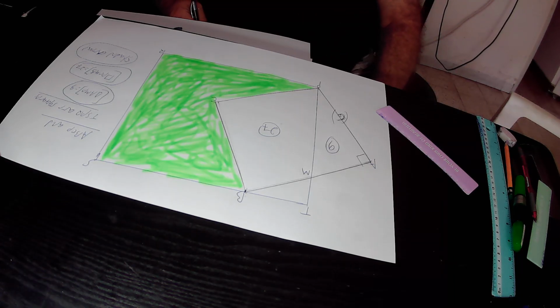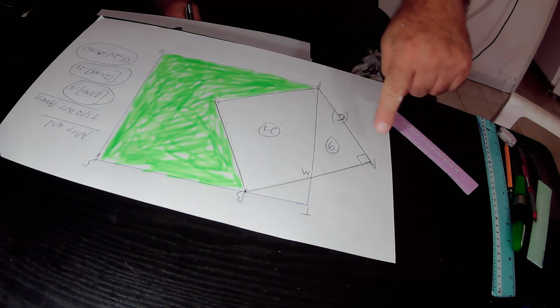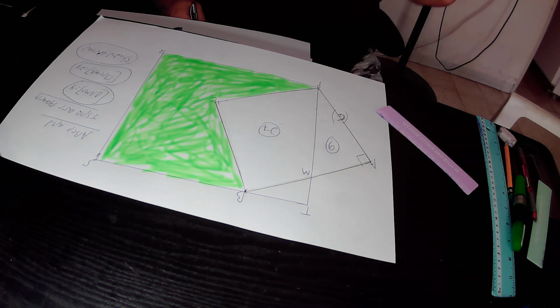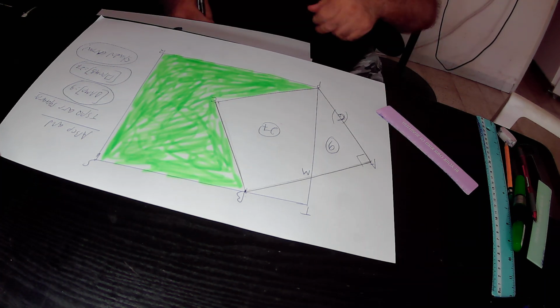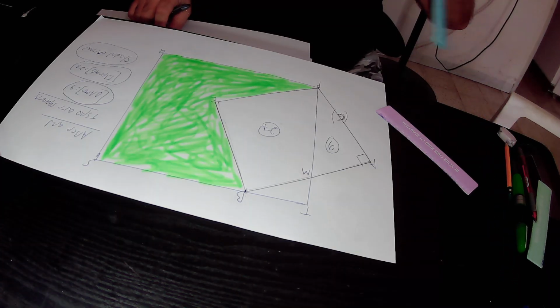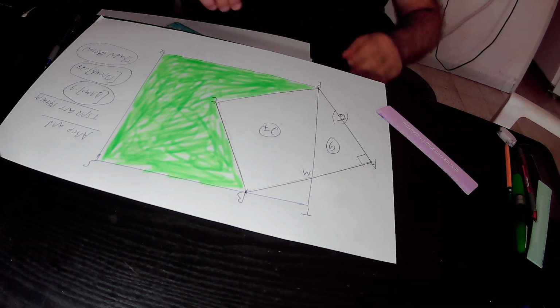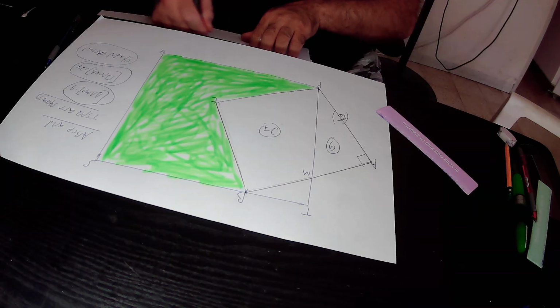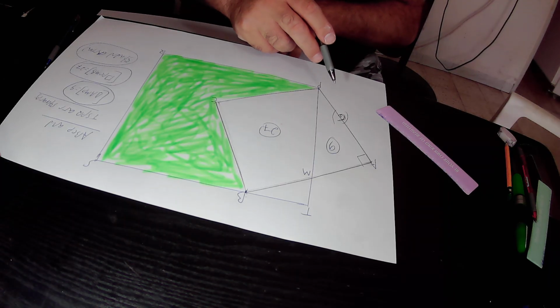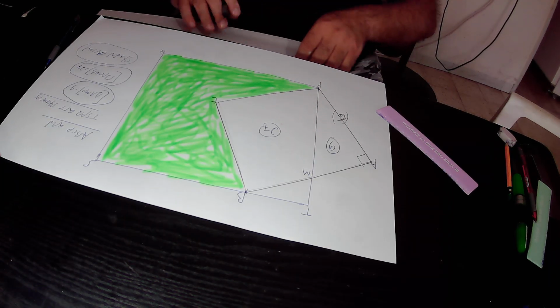And the area of the right triangle AMP equals 9 square units. And we know that the area of any triangle is equal to the base of the triangle times the height over 2.